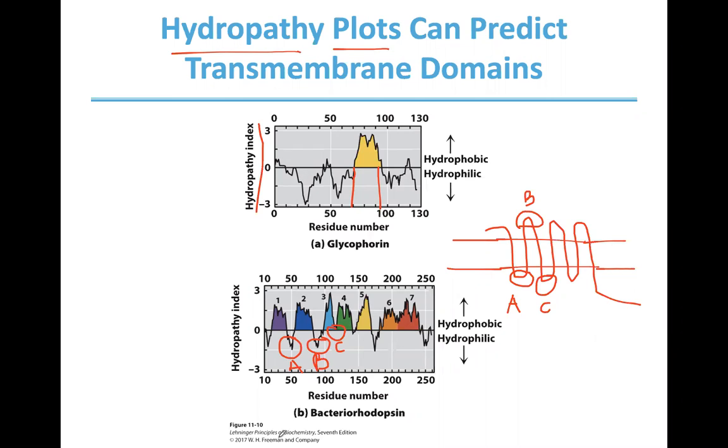In this case, they will all be hydrophobic because they are interacting with the lipophilic fatty acids, right? So in this case, it will be amino acids interacting with each other and with the lipid bilayer of the cell membrane. So all of these amino acids must be hydrophobic, yes.